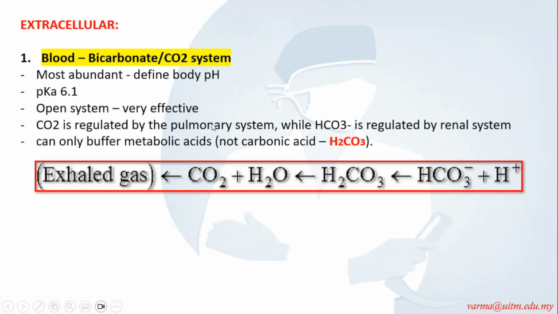CO2 is regulated by the pulmonary or respiratory system, while bicarb is regulated by the renal system, the body store. It can only buffer metabolic acids, not carbonic acid. This is a key point. Again, I'm saying it cannot self-buffer the hydrogen ion produced in this reaction; it can only buffer metabolic acid. You have to mention at least this much to get a good 2 marks or 2.5 marks from here itself.